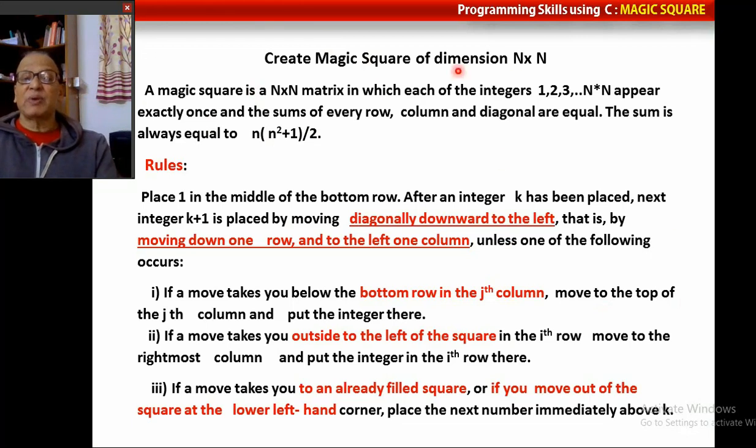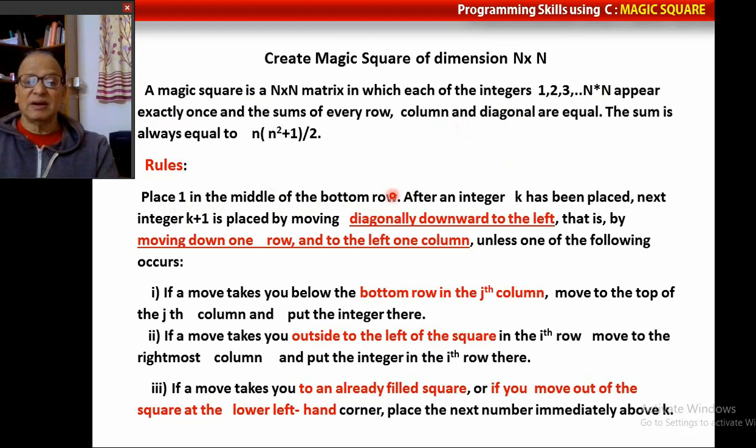Create a magic square of dimension n cross n, where n is an odd number. You have to go on adding the numbers 1 to n squared into each of the cells in the square. Now the rules. Place 1, the first number, in the middle of the bottom row.